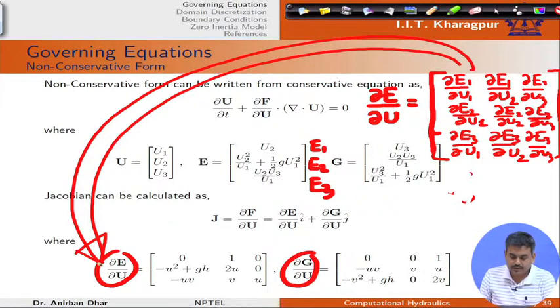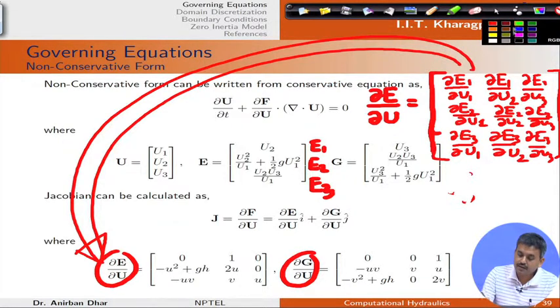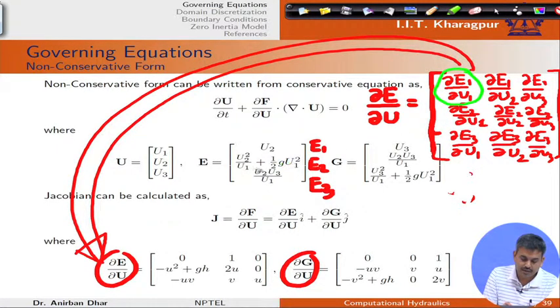Now, what is del E1 by del U1? There is no U1 here. So, obviously, this is 0. Del E1 with respect to U2, obviously, this is 1.